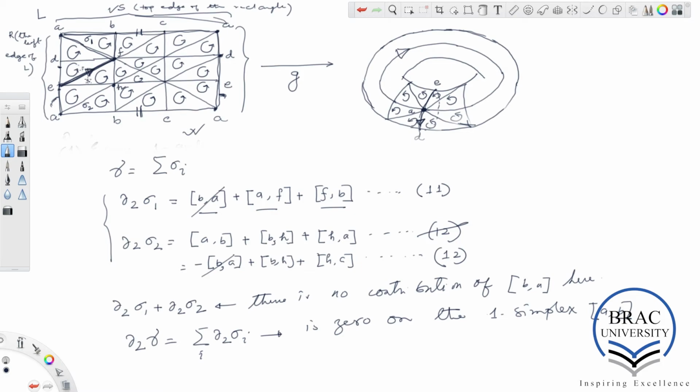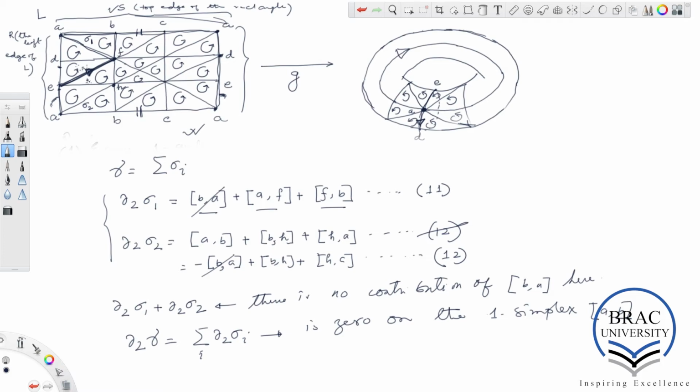So these are two simplices, and we will work with the elementary two chains corresponding to these two simplices. When the boundary operator acts on both these elementary two chains, there will be contributions of this one simplex in each of those expressions, but one will be the negative of the other, and when you add them up, the resulting contribution will be 0.